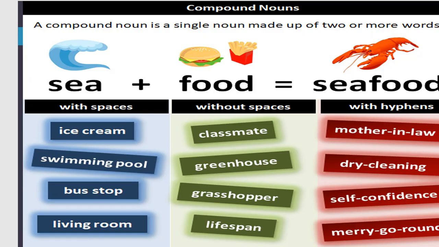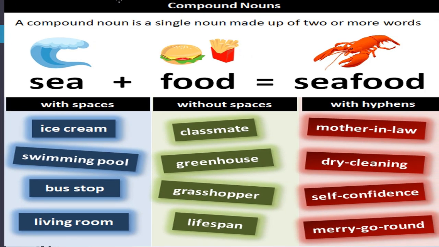I want to make it clear for you today. A compound noun is a single noun made up of two or more words, like sea plus food. Sea is one noun, food is another noun.